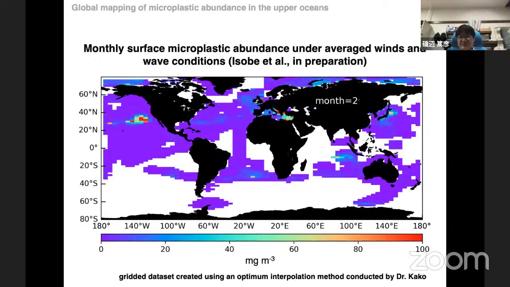The difficulty arises because observation is very sparse, especially of microplastic abundance in the water column. I guess very tiny microplastic drifts even in subsurface layers, at several 10 meters, 100 meters, or 1,000 meters in the oceans, but the observational results are very sparse at the present time.